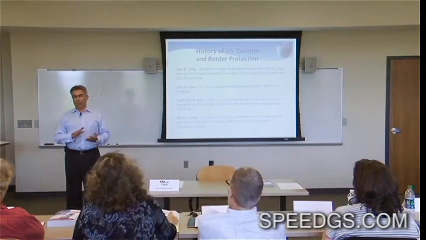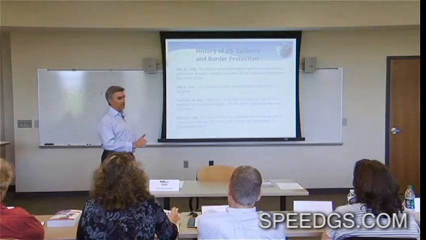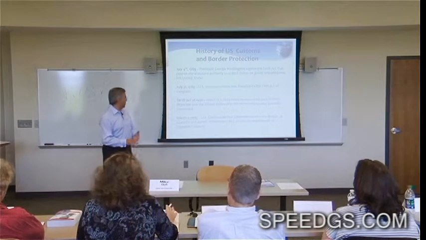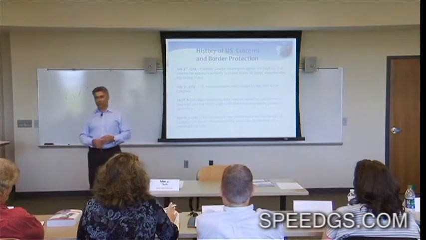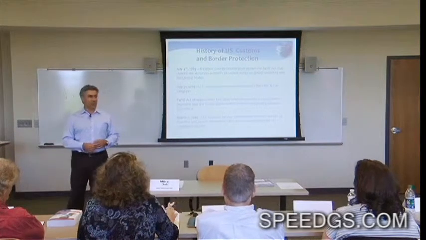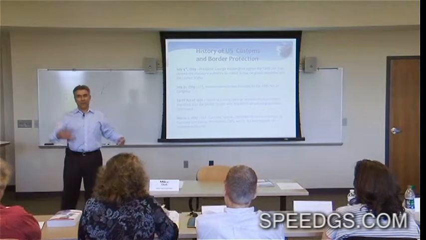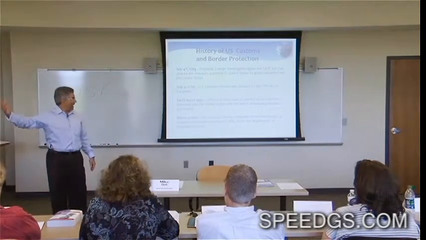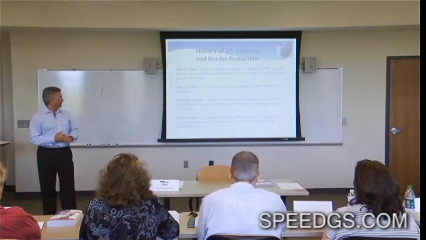So know what your product is and know what the restrictions are. And that all came out of the Tariff Act of 1930. So all of a sudden the government went from revenue generating to revenue generating and controlling domestic commerce.